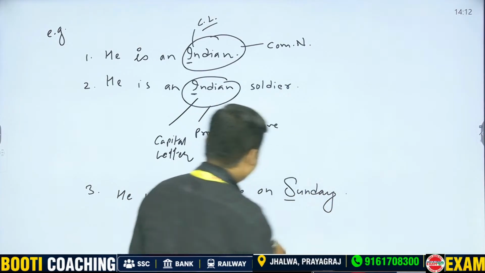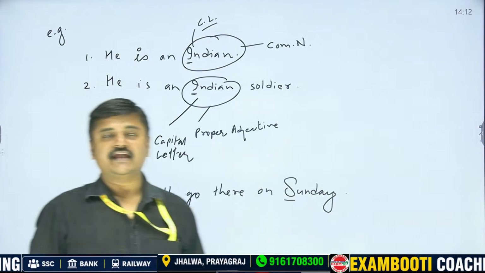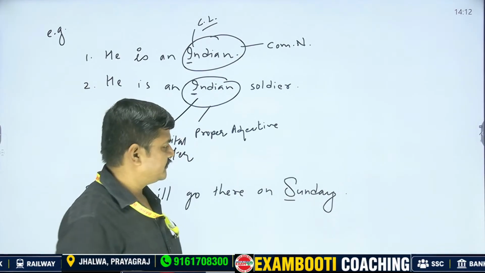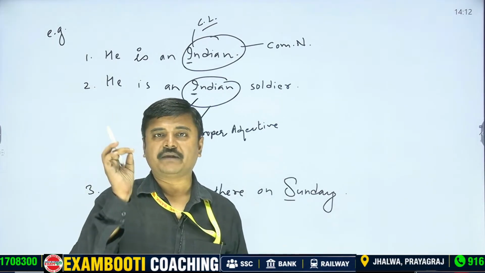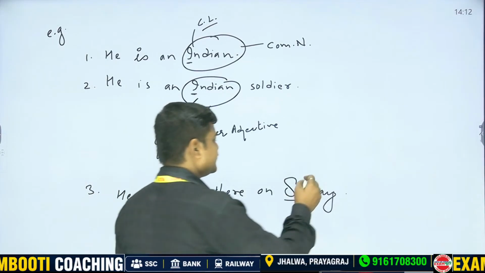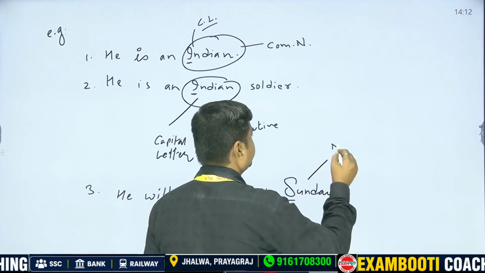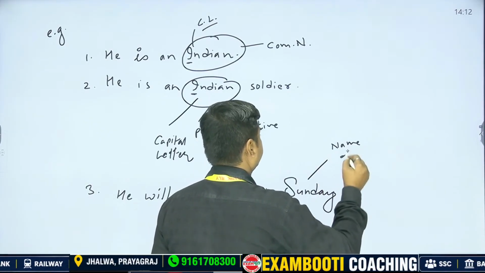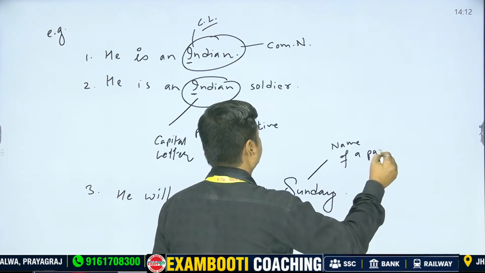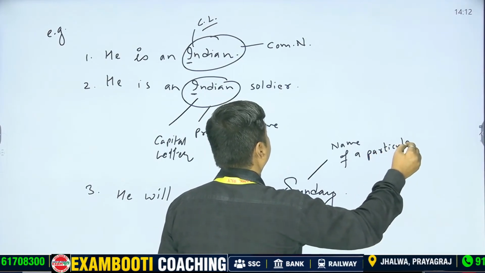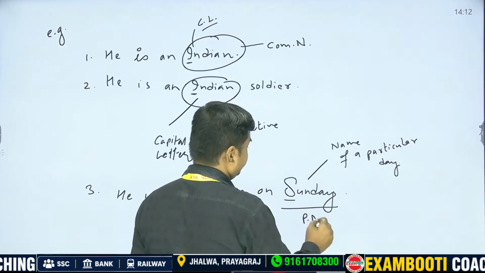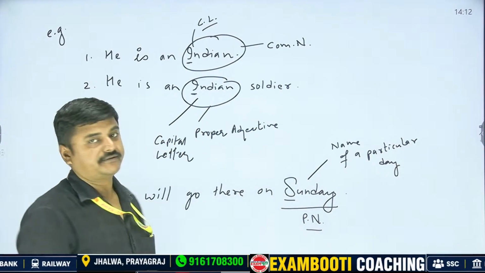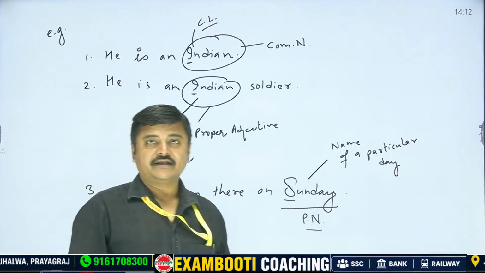Now you know that I have written Sunday with a capital letter. Sunday denotes the name of a particular day. This is the name of a particular day. So this is a proper noun. That's absolutely right.